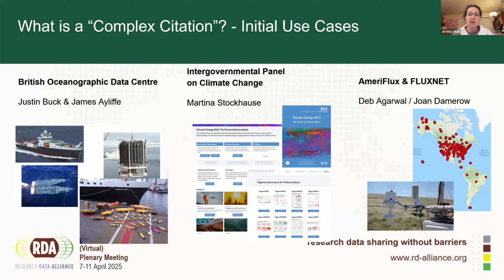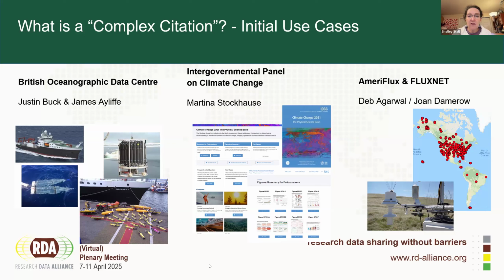Intergovernmental Panel on Climate Change, our IPCC report, and being able to give clear transparency and attribution to the researchers and the data sets that contributed to a particular figure that's impactful for decision makers. That is number two.